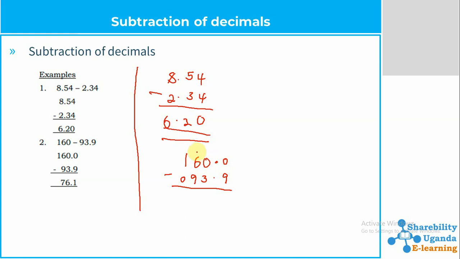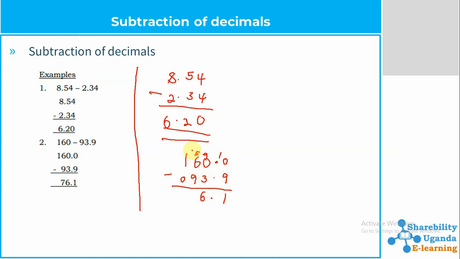But this one is a 0, so we should borrow from our 6 here. So we borrow 1, it remains 5. This becomes 10. Also this becomes 9, borrow 1, so this now becomes 10. When we say 10 minus 9, we remain with the answer 1. And then 9 minus 3, we get the answer 6.